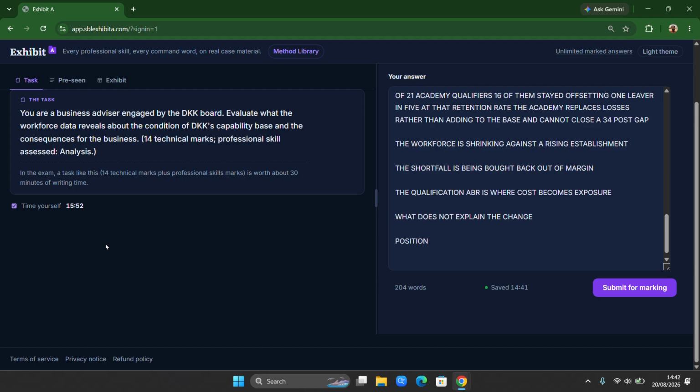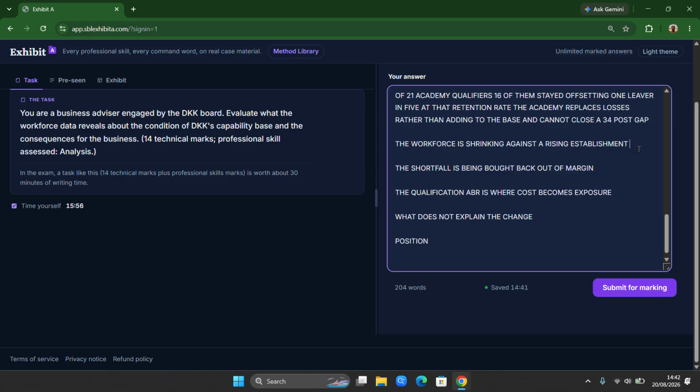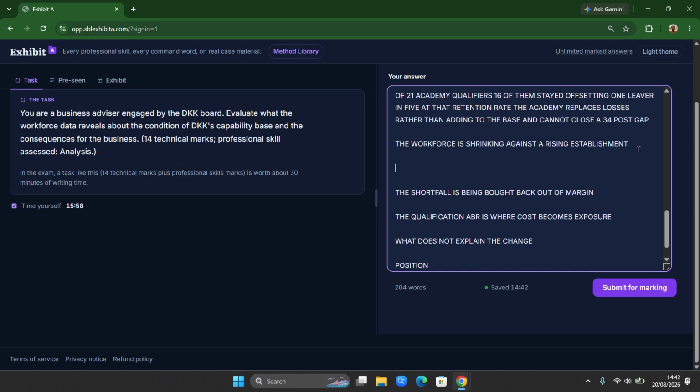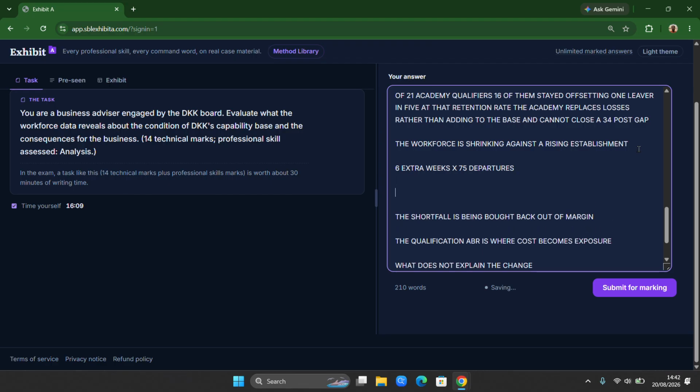So the first one is we have the workforce shrinking against a rising establishment. So the figures here: 6 extra weeks times 75 departures equals 450 hairdresser weeks.